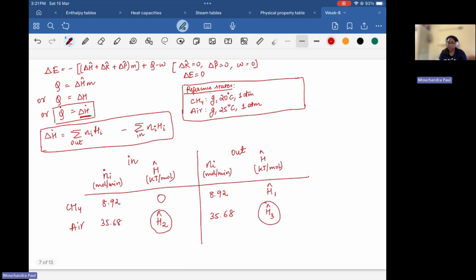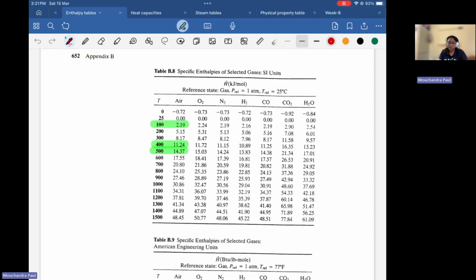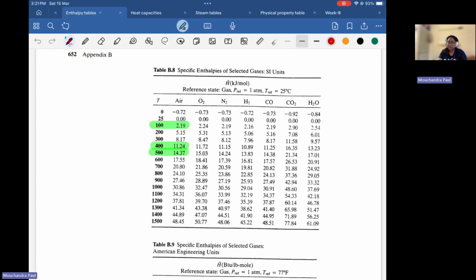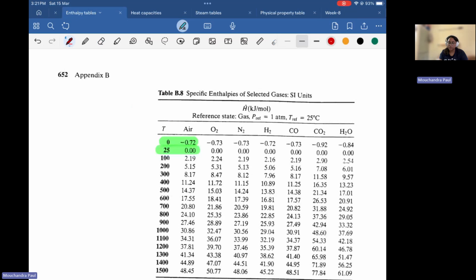Going back, for 20 degrees Celsius, there is only 0 degrees Celsius and 25 degrees Celsius. There is no mention of 20 degrees Celsius, so we have to do linear interpolation.